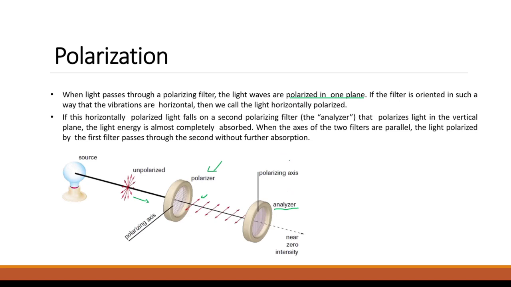And then when the axes of the two filters are parallel, so if we had two horizontal or two vertical polarizing axes, then the polarized light from the first filter would pass the second filter without any further absorption. So it would just freely come by and stay with horizontal waves.